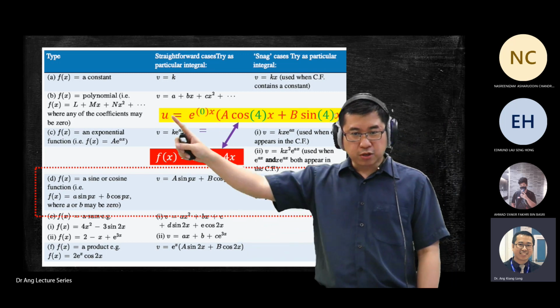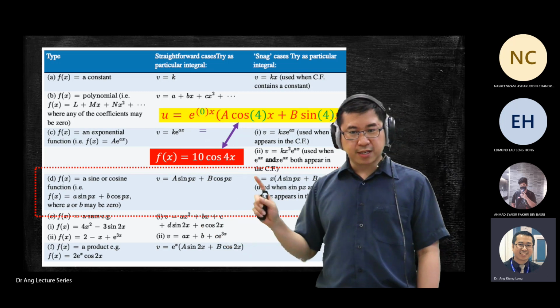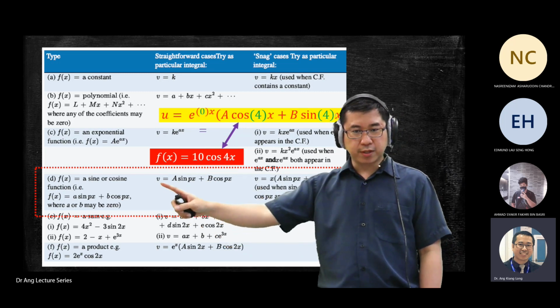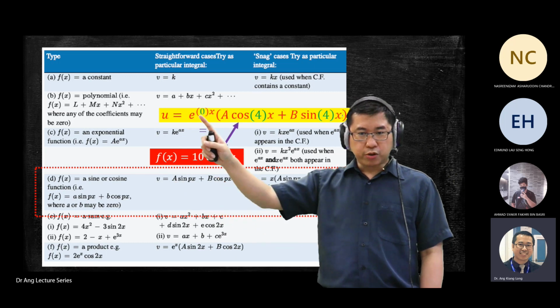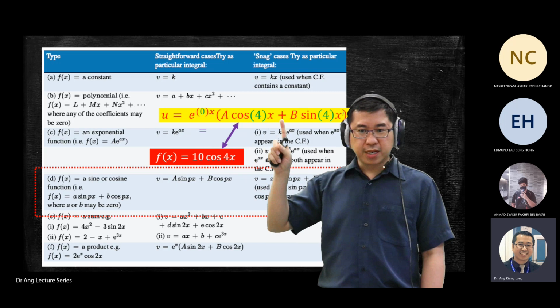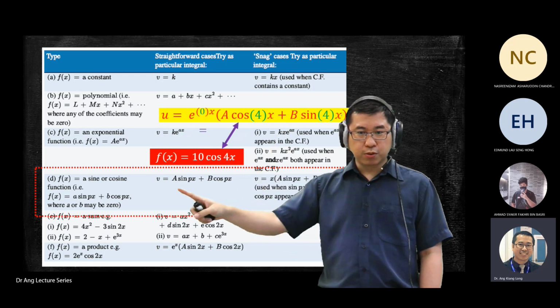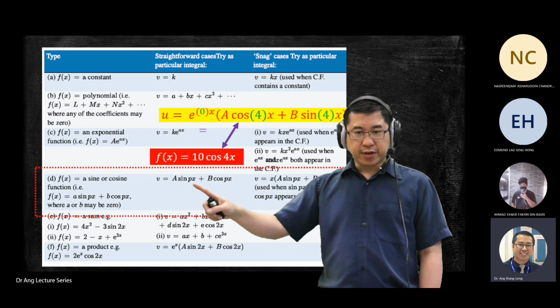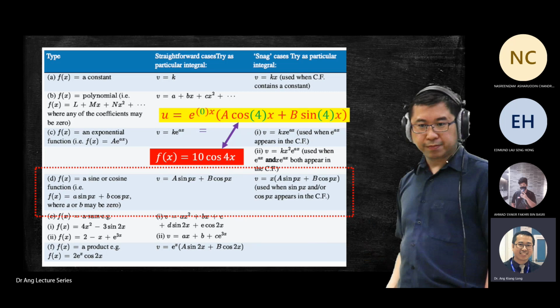So don't mix your U and V together. When you look at table, it is table component, which is a V. Don't mix the A and B. Look at your U. If your U already use A and B, change the A and B to something else. You can use D, E, you can use F, or something that do not repeat A and B.